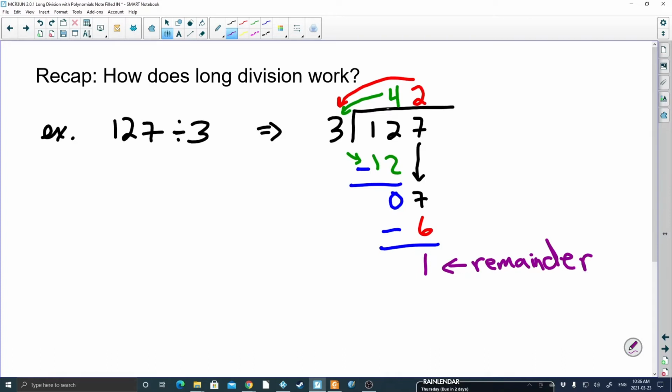Okay, and there are names for all of these values. You've got the divisor, you've got the dividend, and you've got the quotient. I'm not going to get into those things too much here, but what we've just shown is that we can divide 127 by 3, but we're going to end up with a remainder. So there's 2 different ways of writing the final answer here.